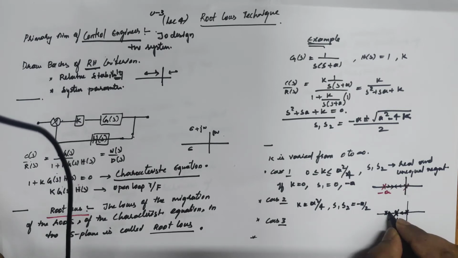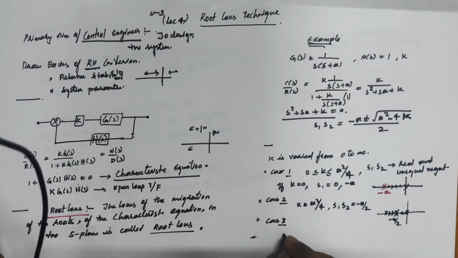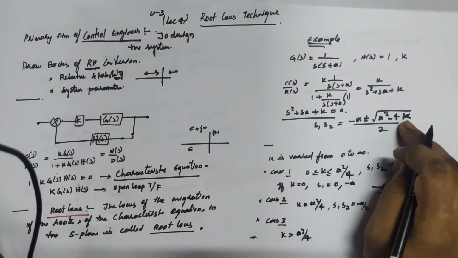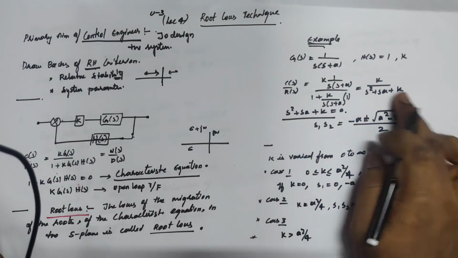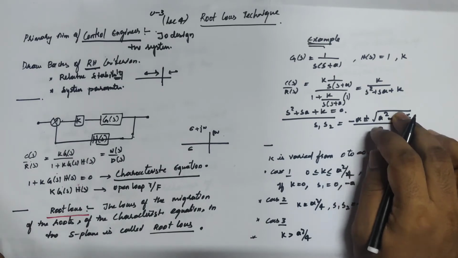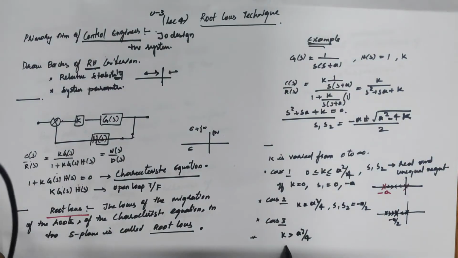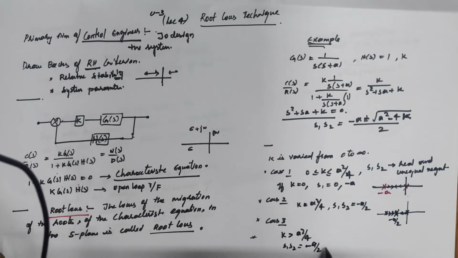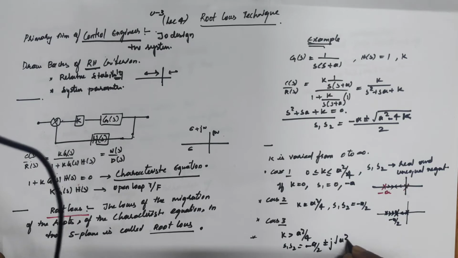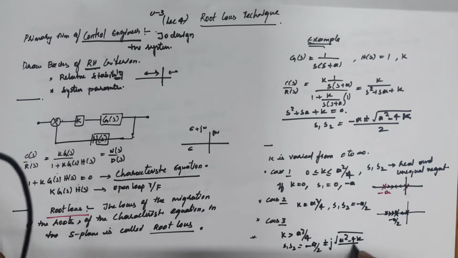Now what if k is greater than a square by 4? That means the roots I'm getting are complex. That is, s1, s2 equal to minus a by 2 plus or minus j into root of 4k minus a square, divided by 2.